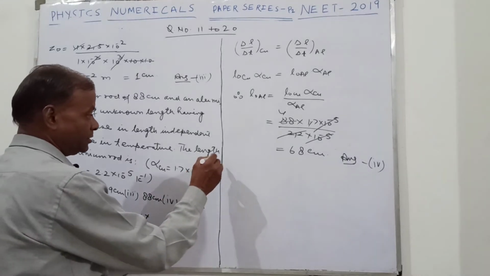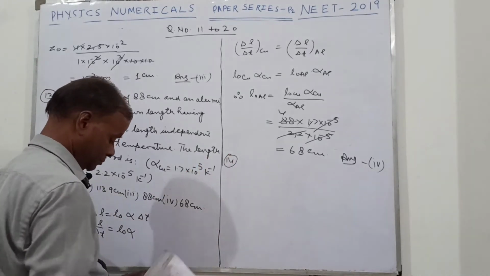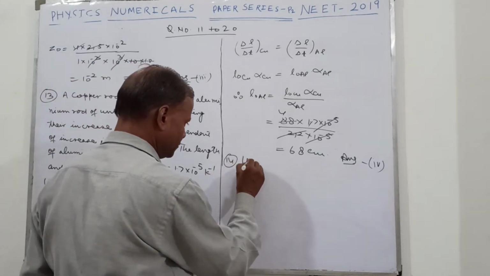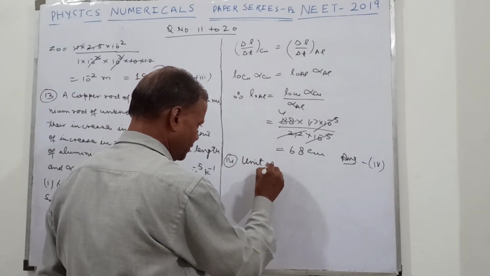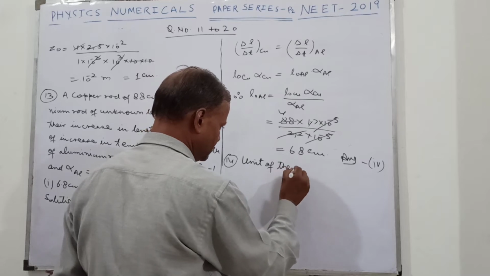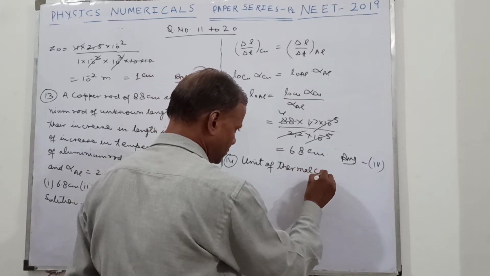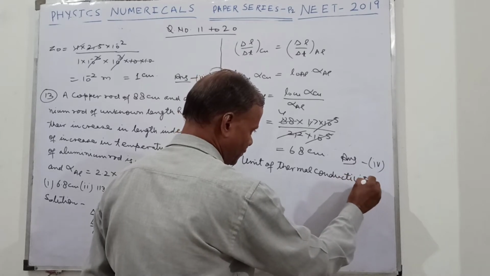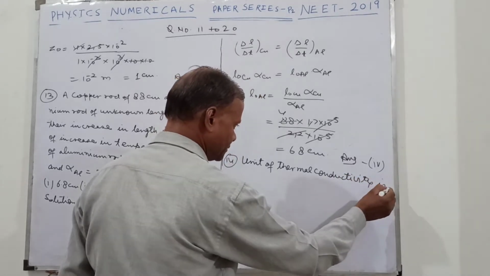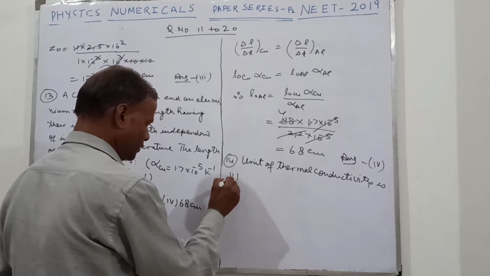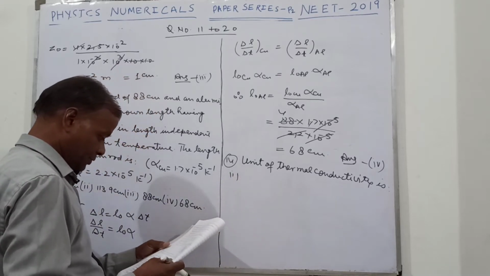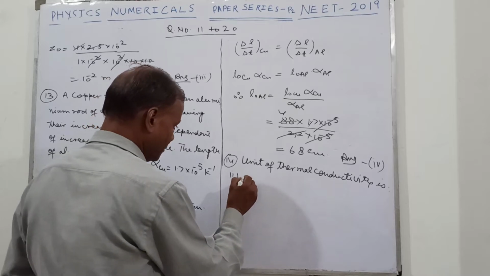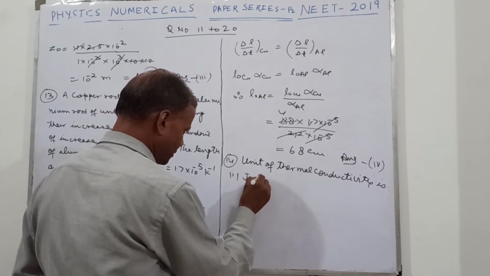Now we come to question number 14. Unit of thermal conductivity. The options: first is joule meter per Kelvin.